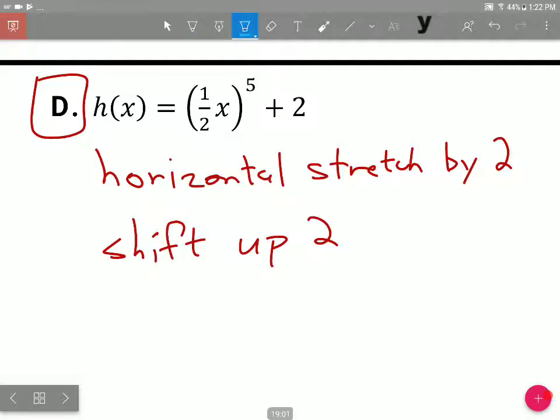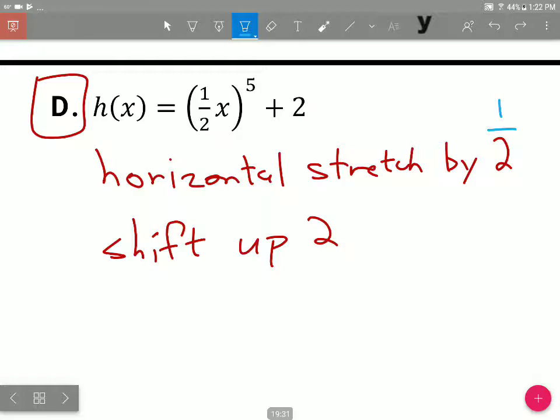I'll take a second. I'll let people finish up, see what's going on. All right. Now, some people, you may have put a 1/2 right there. That's fine. I forgot to put all that. It does not matter if you put a 1/2 there or not, because it is by factor here. Here's why I don't like necessarily putting a 1/2. Does it make sense to stretch by a 1/2? No. That's why I say whether you put the 1/2 or not, it's okay. I will accept both.